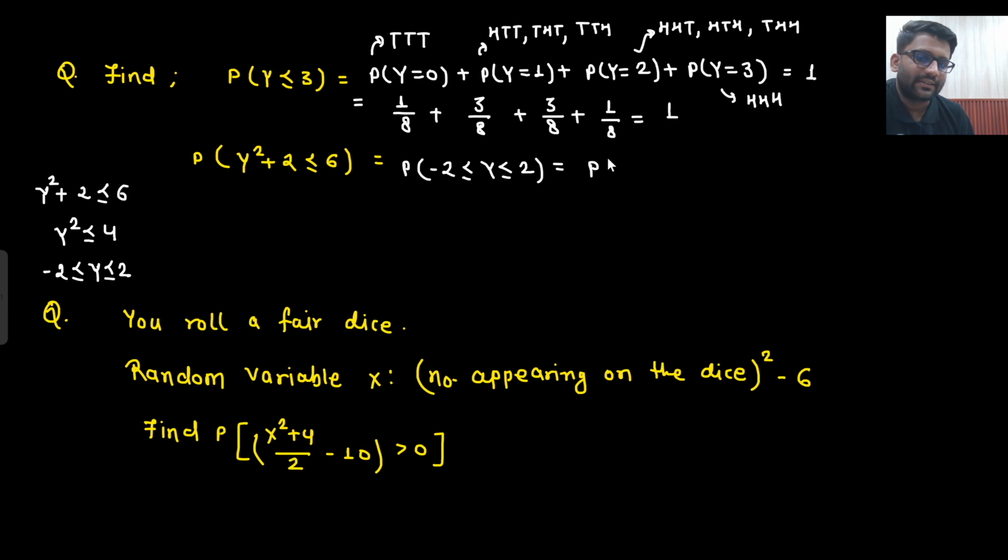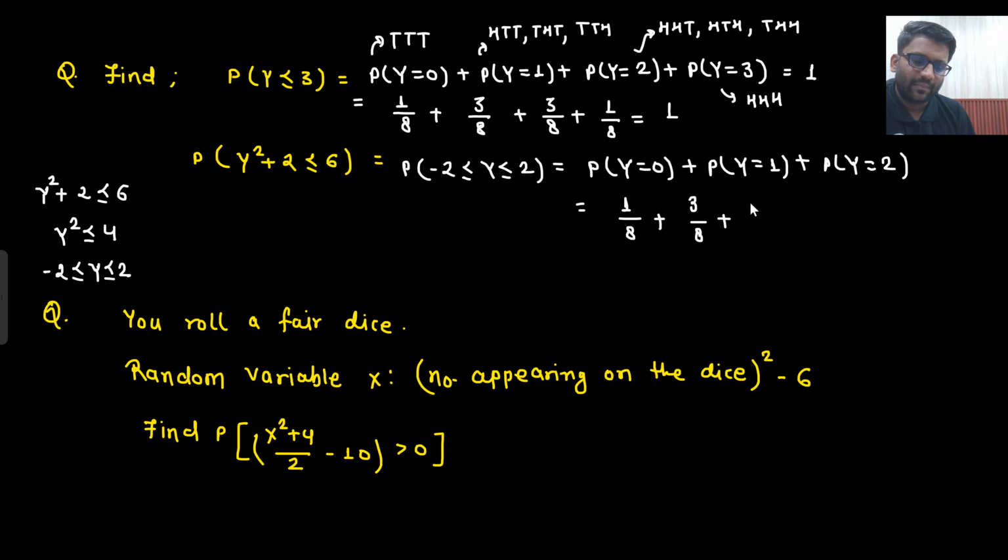So what will be the desirable cases? y is taking 0, y is taking 1, and or y is taking 2. These are the desirable cases, 0 or 1 or 2, right? So 1 by 8 plus 3 by 8 plus 3 by 8. What is the answer? 7 by 8. This is the answer. Okay, well and good.